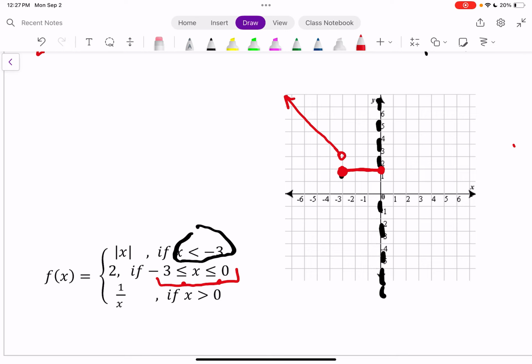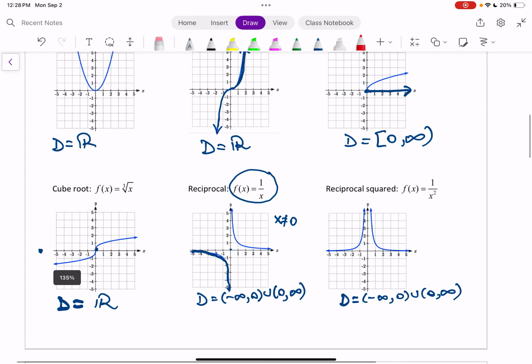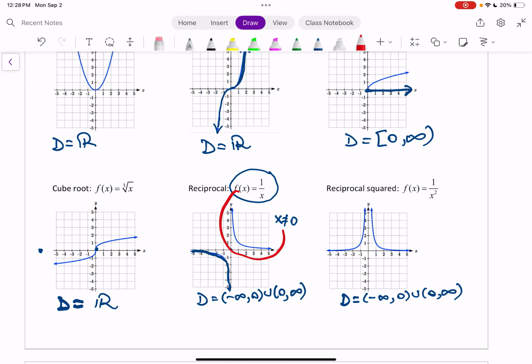And for x greater than 0, I have to grab the reciprocal function to the right of 0. So if you look at the reciprocal function, it looks like this. And I'm only grabbing the piece of it that's to the right of 0.